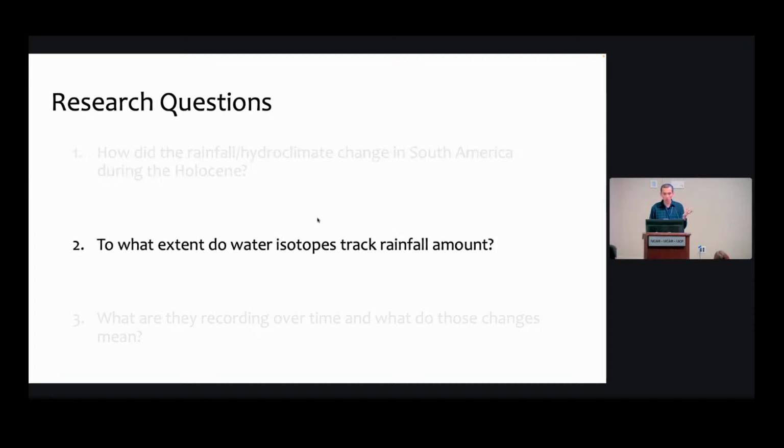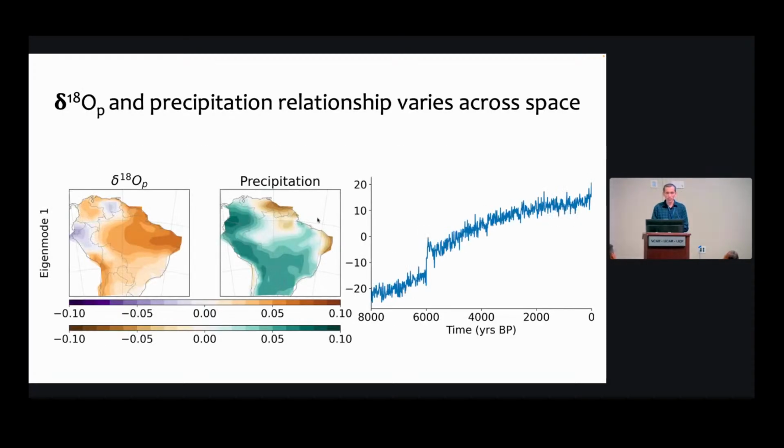Now, since we mostly use water isotope proxies to understand past hydroclimate change, we want to understand whether water isotopes actually track rainfall amount, which for paleo people, we call the amount effect. To do that, I extracted the dominant covariant trends in the delta 18O of precipitation and also precipitation from iTrace.